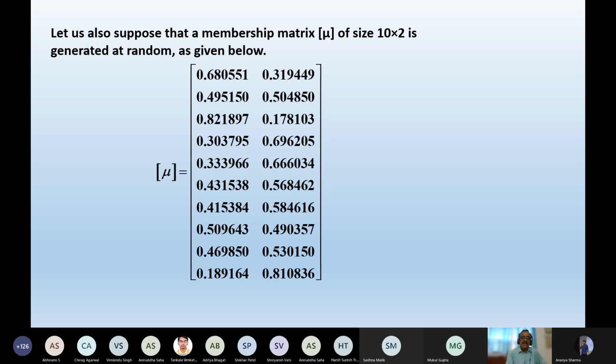And if you just add them up, this will become equal to 1.0. So this particular matrix is generated at random using the random number generator, and this is the starting membership function matrix, that is mu. Let us see how to update it through a number of iterations.